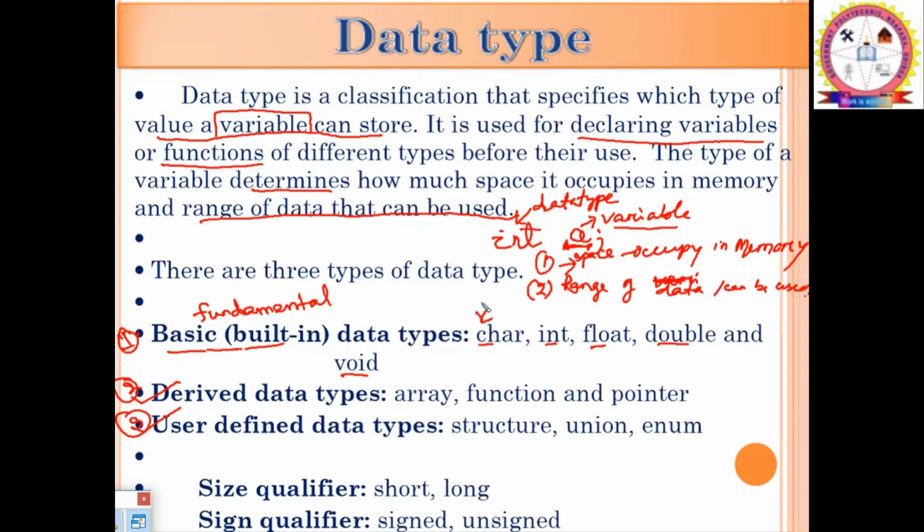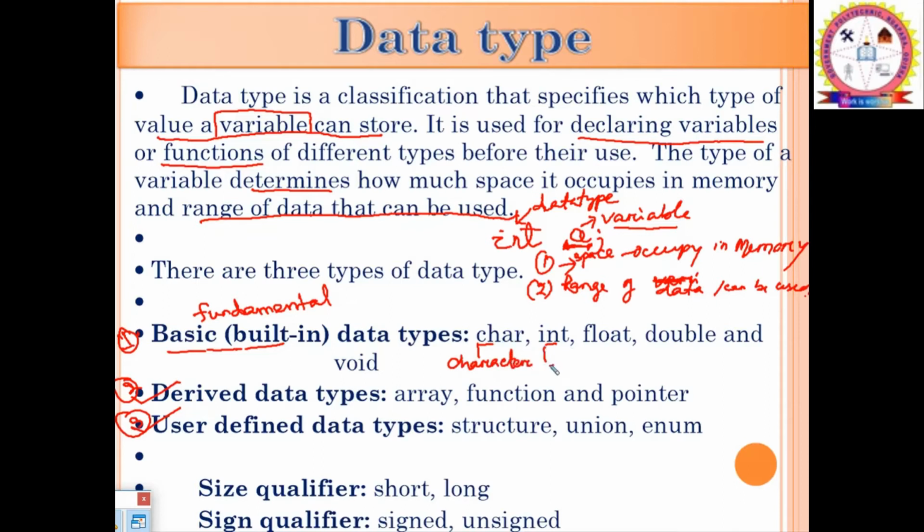And what is the full form? Char means character, and the keyword form is char.